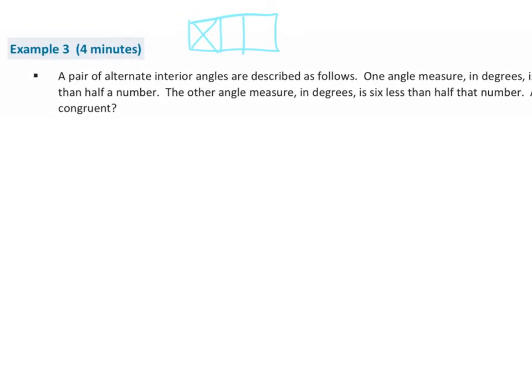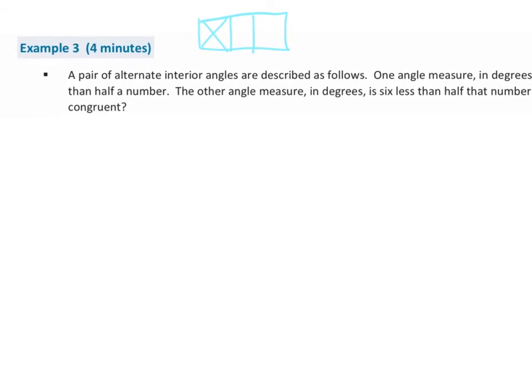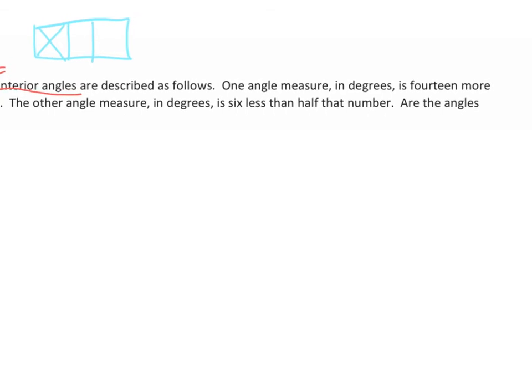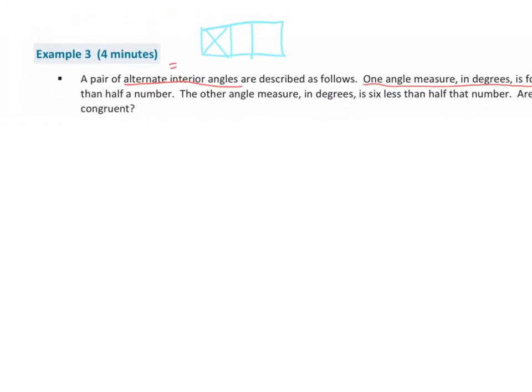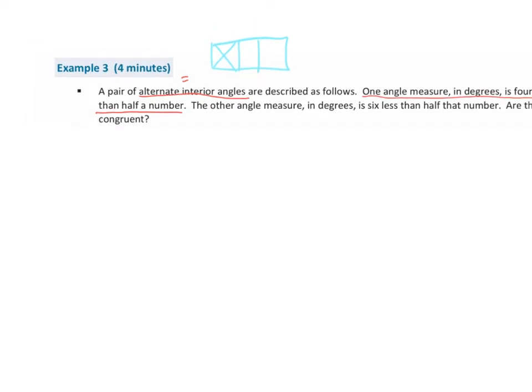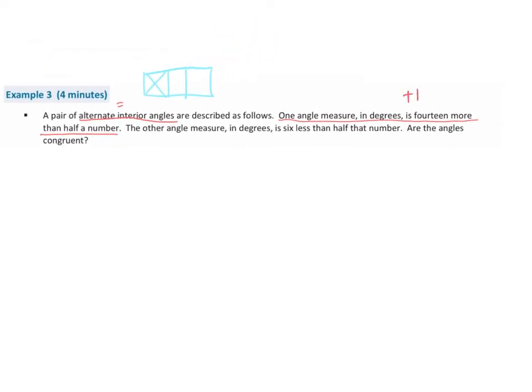A pair of alternate interior angles. What do I know about alternate interior angles? They're equal. They're the same. So 2 angles are the same. One of those angles, so let's just say the first one is 14 more than half a number. 14 more, so plus 14.